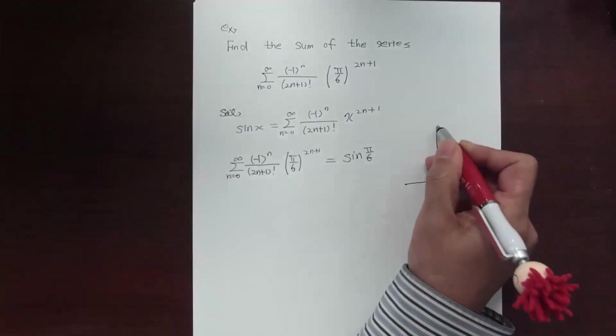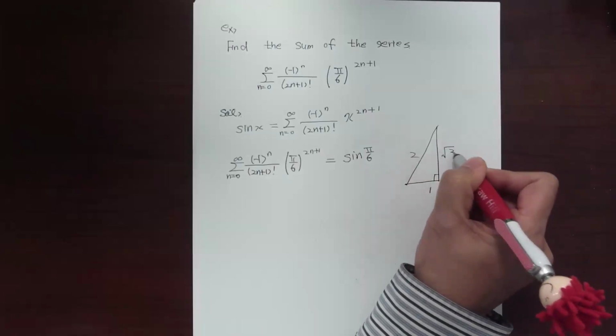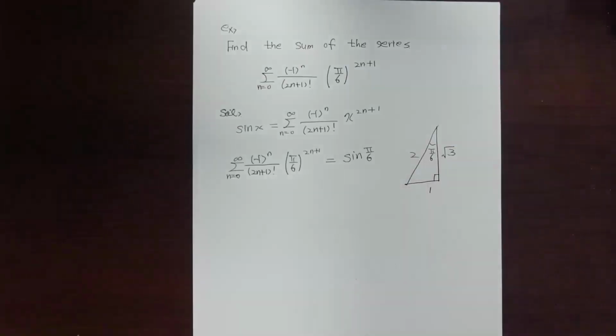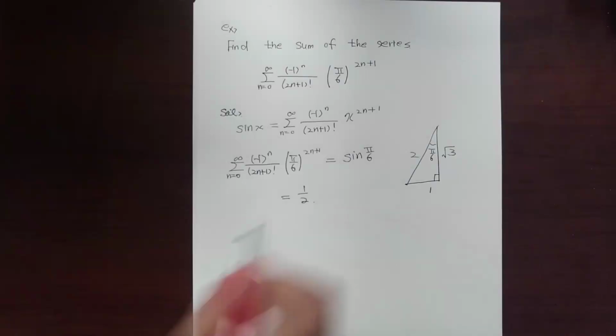A 30, 60, 90-degree triangle is something you already know. Pi over 6 is the angle on the top. So that's 1 over 2. Any question?